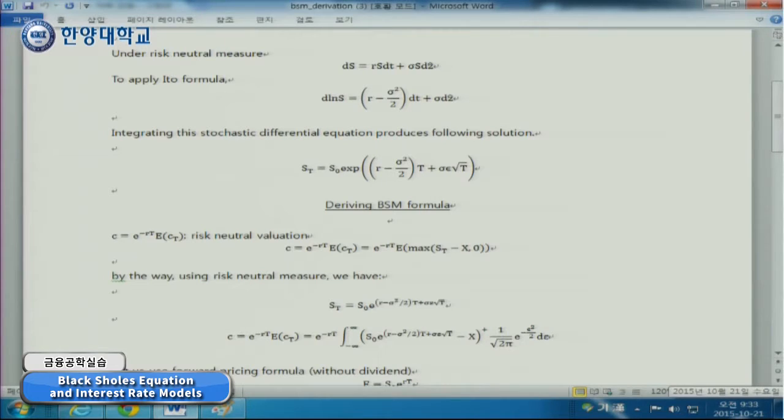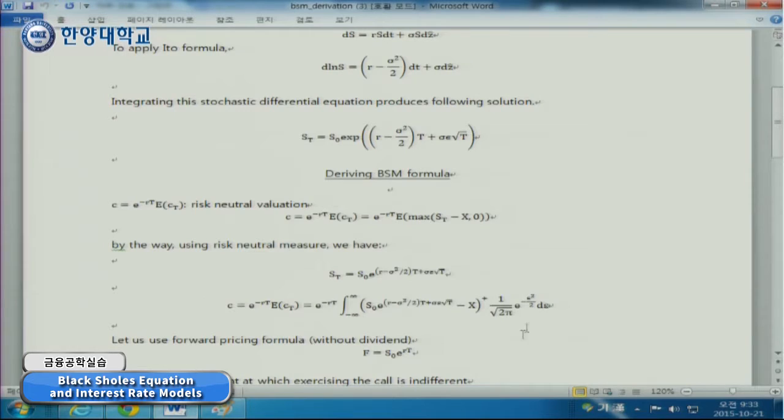Okay, so we know the solution of the call option should look like this. Because it's a call option, we know the maturity condition, which is max of S_T minus X, and we discount it back with the risk free rate. This should be the value of the call option, right? We know this is the solution, and we know S_T looks like this. So the call option price expectation is simply an integration.